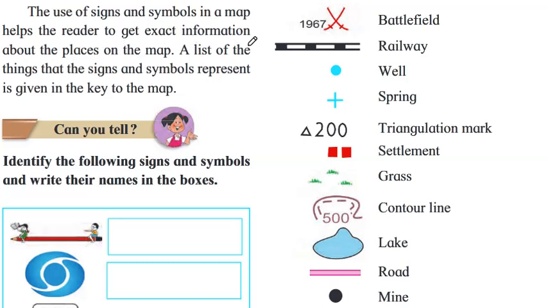A list of the things that the signs and symbols represent is given in the key to the map. Can you identify the following signs and symbols and write their names in the boxes?